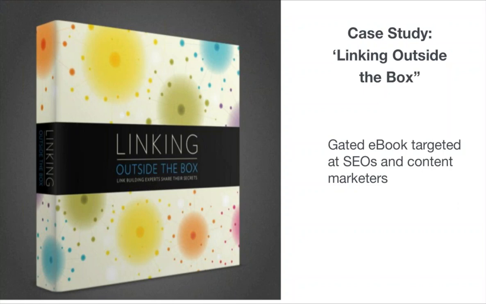So a little more background about this ebook. This was a gated ebook that we targeted primarily at search engine optimization professionals. The goal of the campaign was, we had 3 goals. We wanted to drive 1,000 downloads of the ebook, including 500 from non-customers. And the big thing, we wanted to increase revenue by 10%.